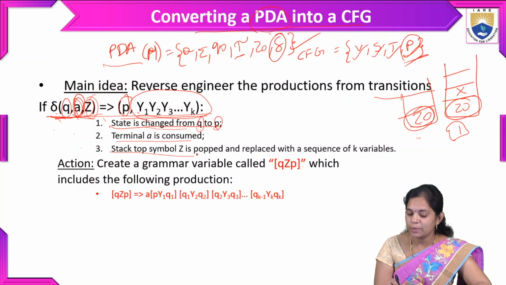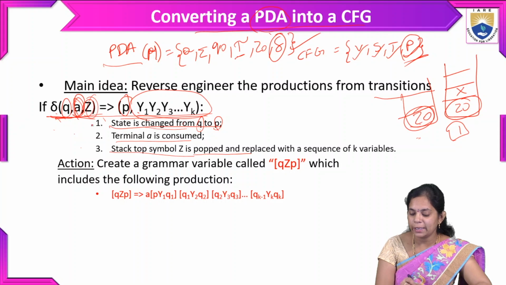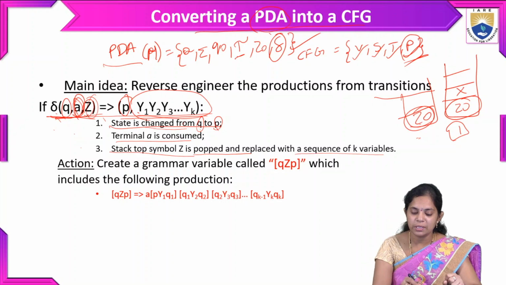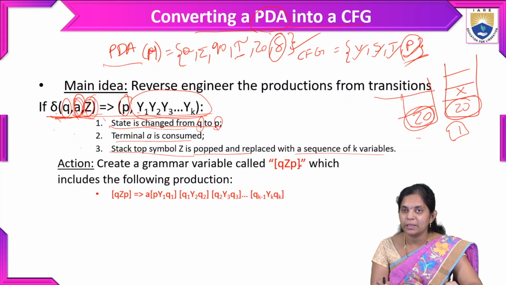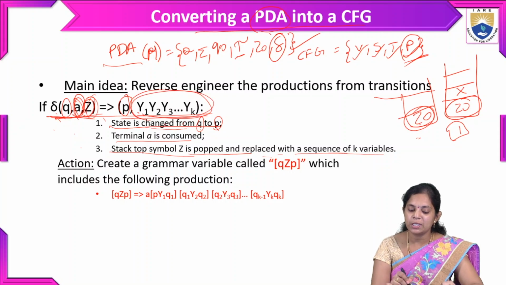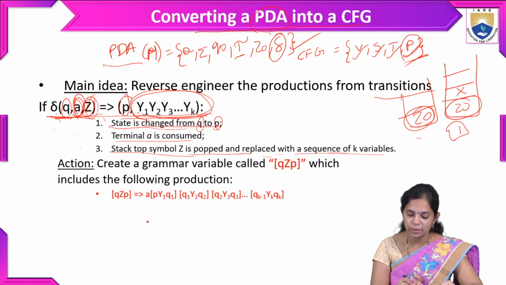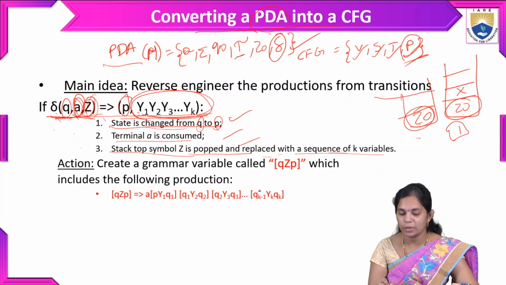The stack symbol Z is popped and replaced with a sequence of K variables. Whatever the replacement is while reading the A value, it is put on the stack in place of the top of the stack symbol, represented as the various K symbols. These are the 3 things we need to observe in the transition function.